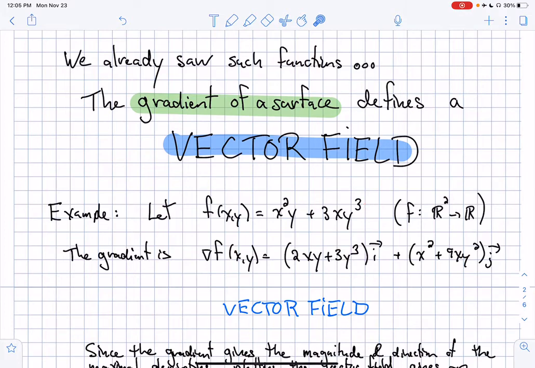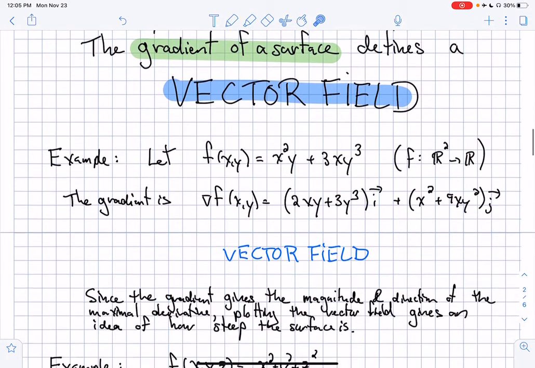This is a number depending on the input xy. Now if I take the gradient of that, the x derivative of this is that, and the y derivative is this. And therefore, for every xy, I associate a vector, and that vector is the gradient. So that's a vector field. Very good.